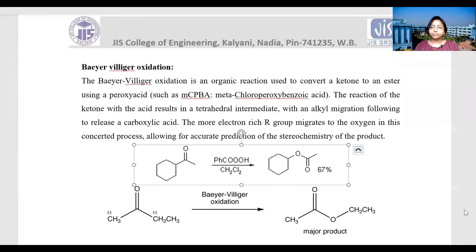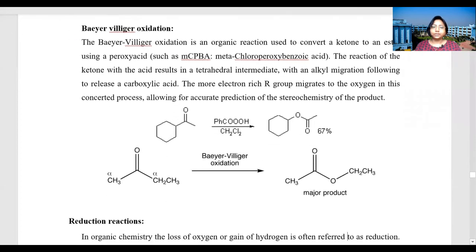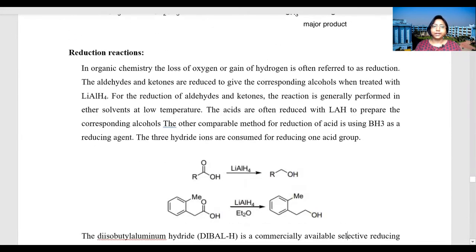Now come to the next part, that is the reduction reaction. You have learned the oxidation reaction; the reverse of oxidation is the reduction reaction. In organic chemistry, the loss of oxygen or gain of hydrogen is often referred to as reduction. Aldehydes and ketones are reduced to give the corresponding alcohols when treated with lithium aluminium hydride, LiAlH4.